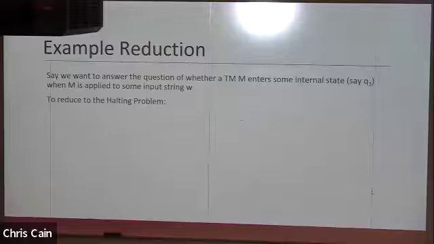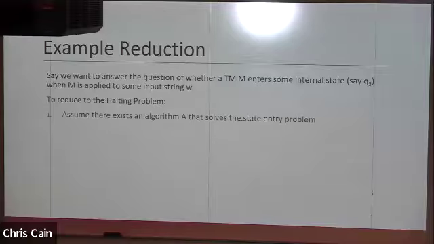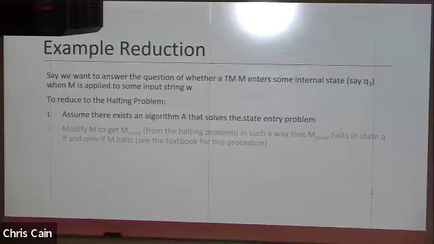So we can reduce this to the halting problem in a way that says, if we could solve this problem, then we can solve the halting problem. So we call this the state entry problem. Proof by contradiction: we assume there exists an algorithm that solves the state entry problem.